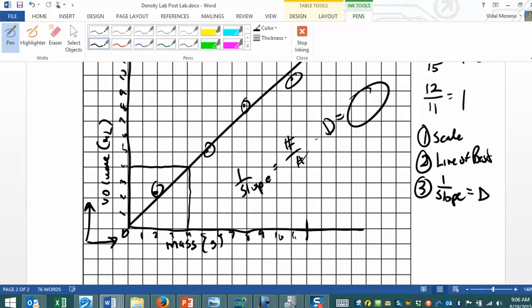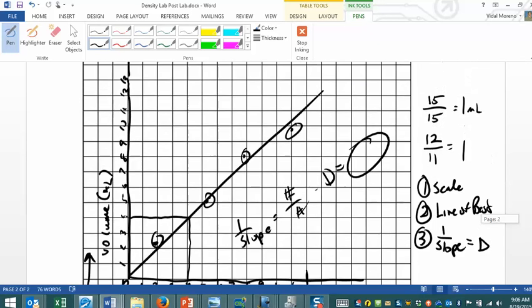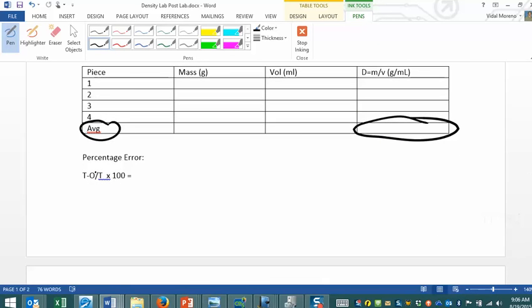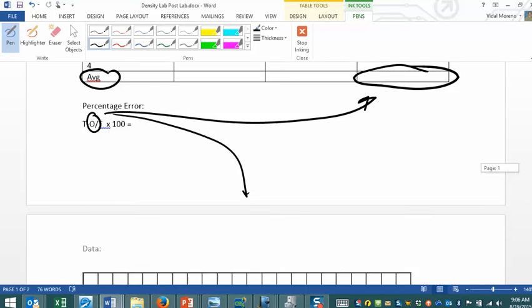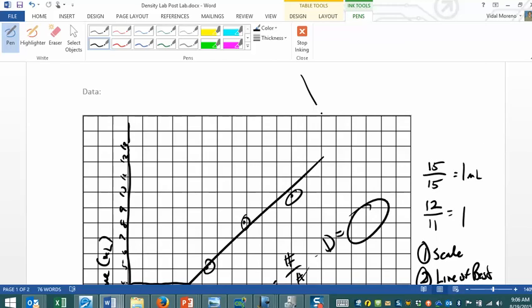It could give you a better observed value than your average. That means the observed value could be this number, or it could be that number. Whichever one is closest to the true value, use it.